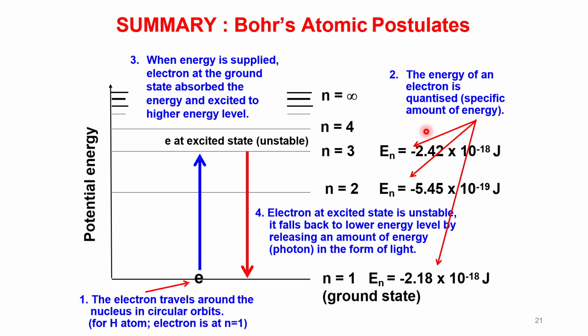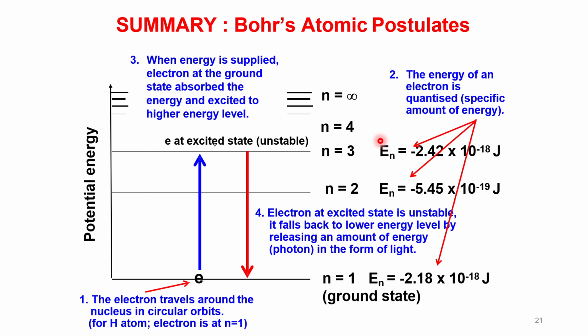Okay, the second one, when electron travel ataupun move around the orbit, okay, dia akan ada specific energy. So kalau kita ada different energy, n1, n2, n3, kita akan ada different energy. So this energy yang berbeza ni, yang tetap ni, kita panggil sebagai quantized energy.